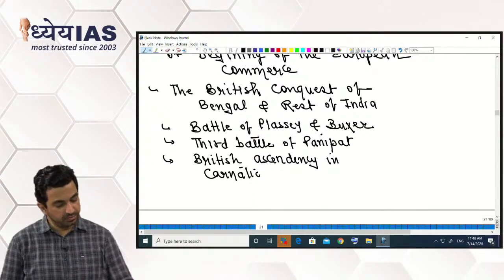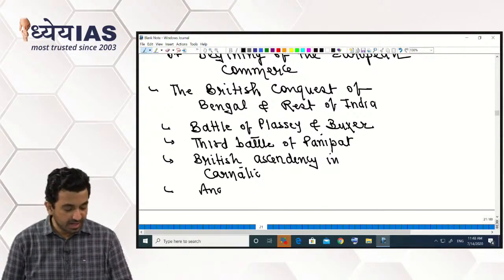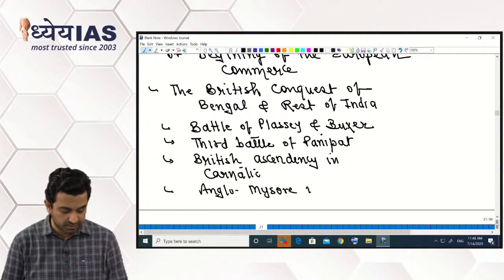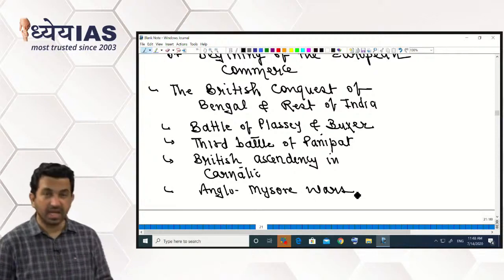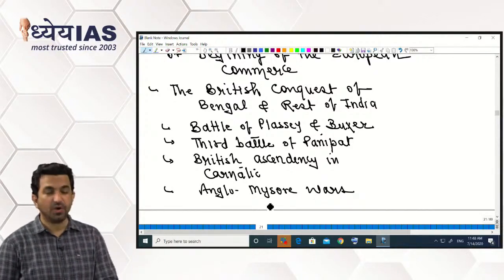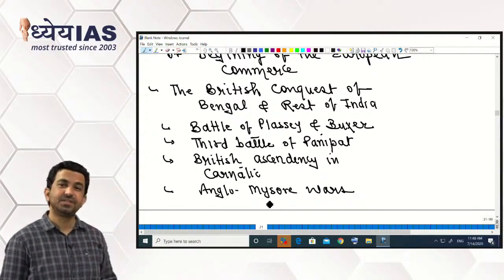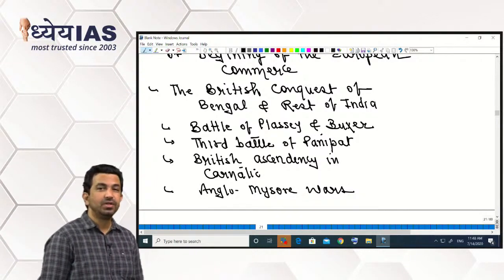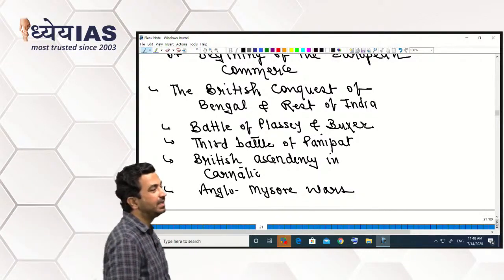Then the Anglo-Mysore Wars from 1767 till 1799.